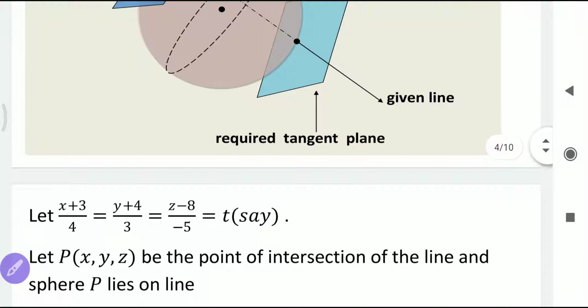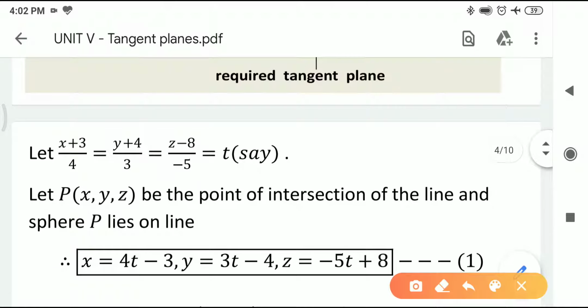Now all of you know the equation of the line is given as (x plus 3) upon 4 and so on. What we are going to do is take it as t. With the help of this, you can find the coordinates of any point on that line. So let P(x, y, z) be the point of contact of the plane and the sphere.